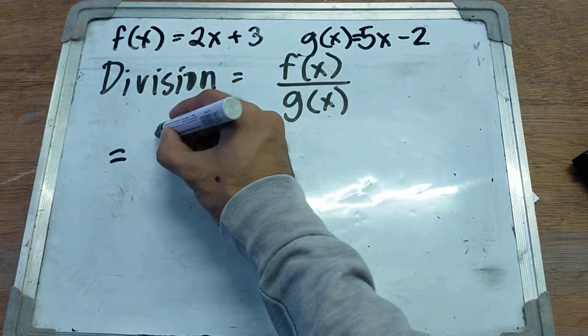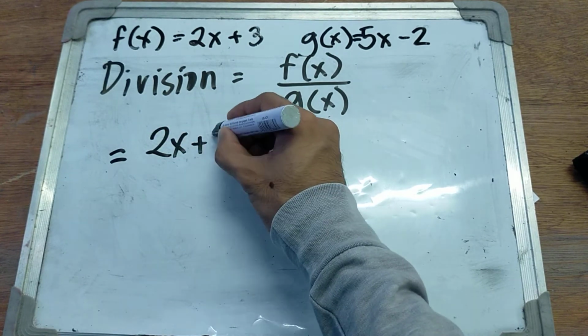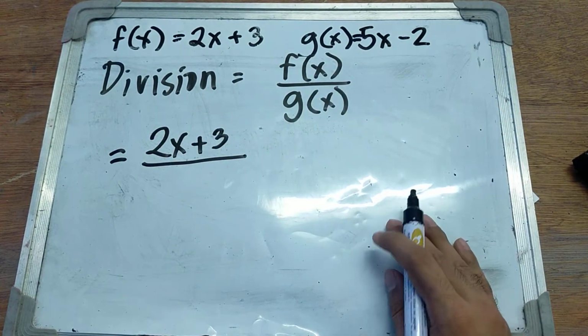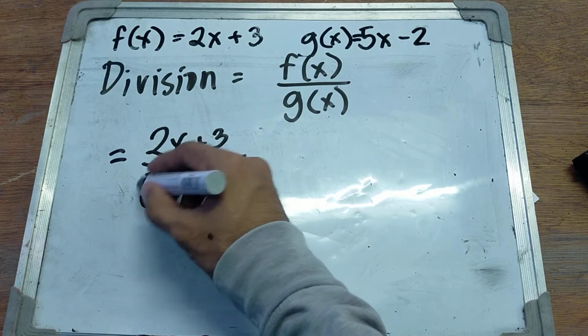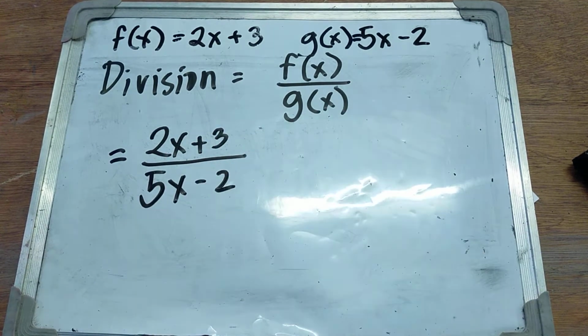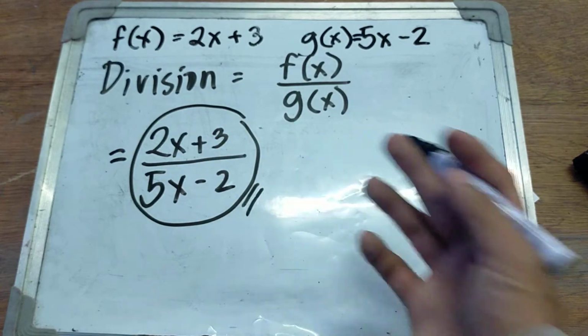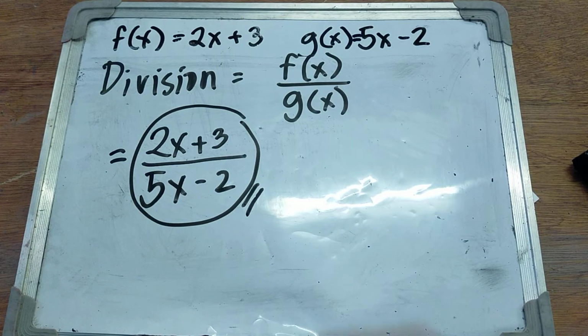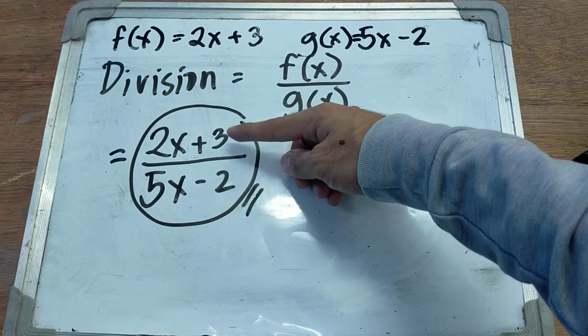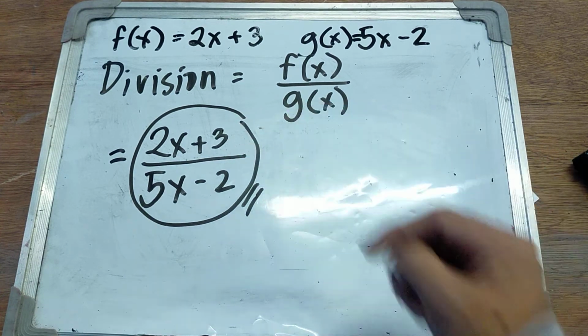So f of x, which is equivalent to 2x plus 3 over g of x is equals to 5x minus 2. Actually, this is your final answer. Just because there is no terms that we need to simplify.